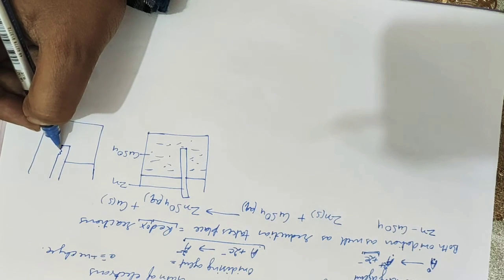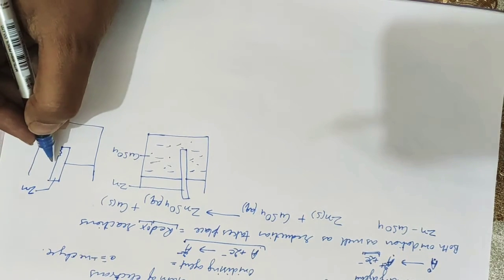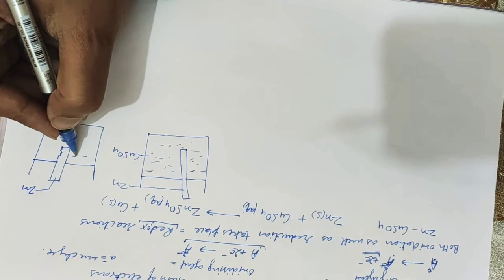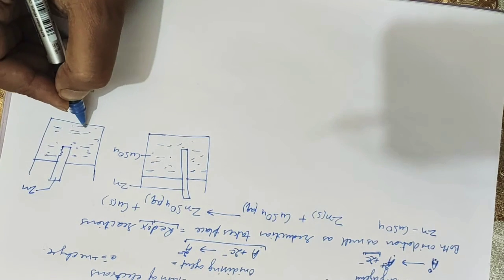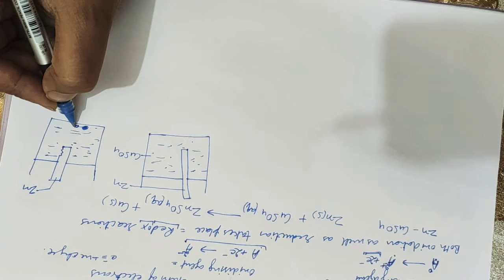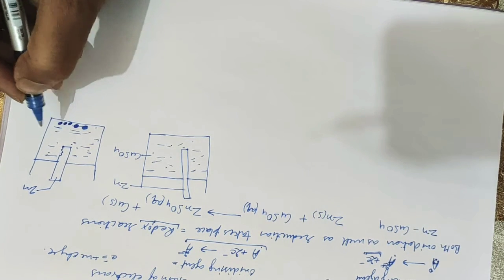It will lose some of its volume or mass, and in the copper sulfate solution there will be formation of some solid granules. What is this reaction?